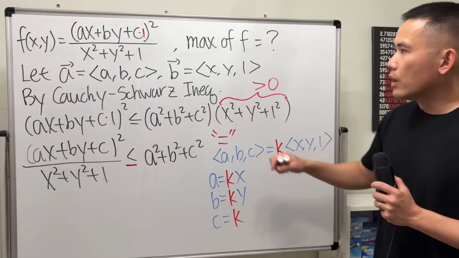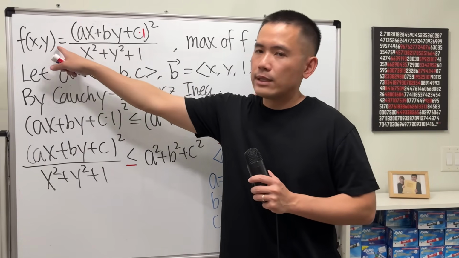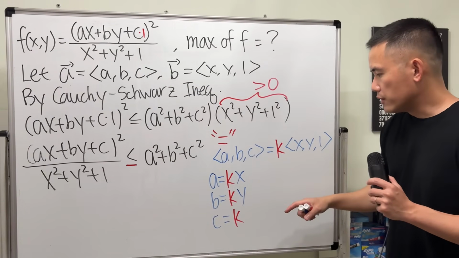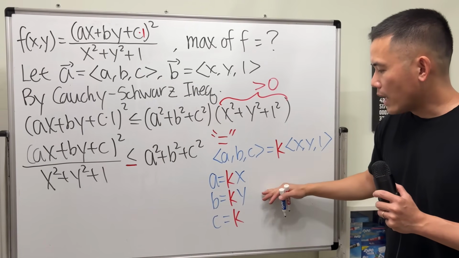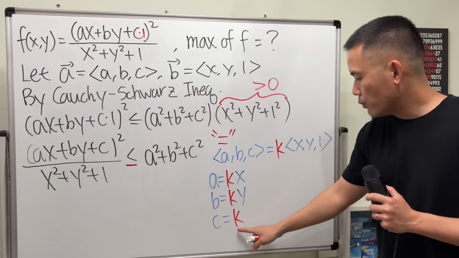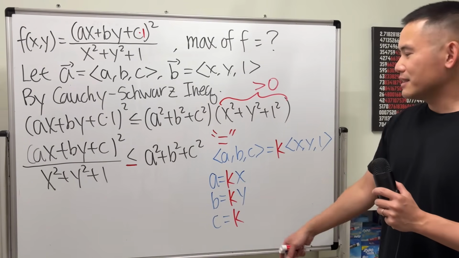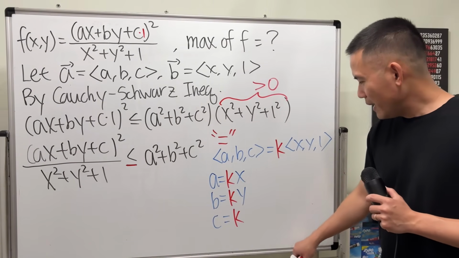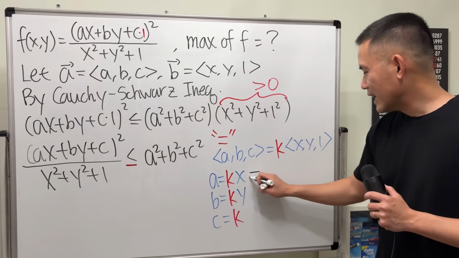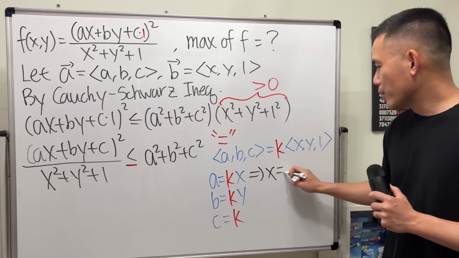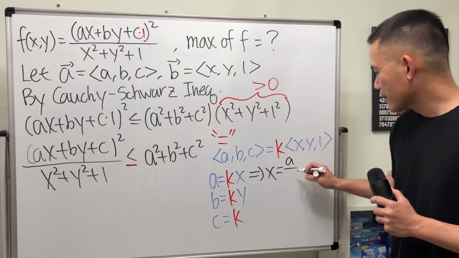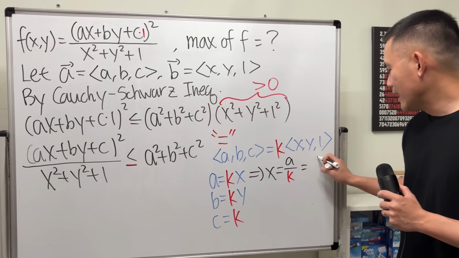And remember, our function is based on x and y, so our goal is to actually find out for what x and y will make this work. Well, we know k is equal to c. That's very nice. k is just equal to c. And based on this, we can see that x is equal to a over k, which is just a over c.